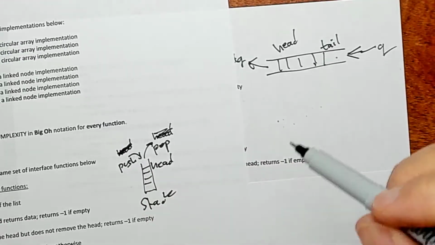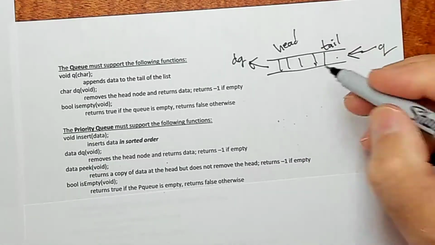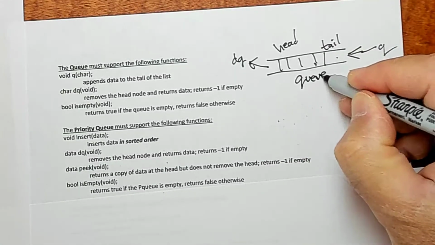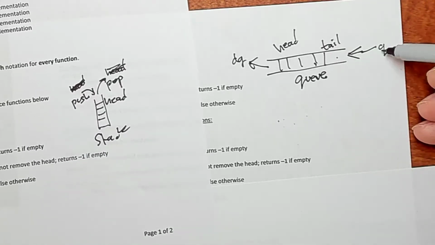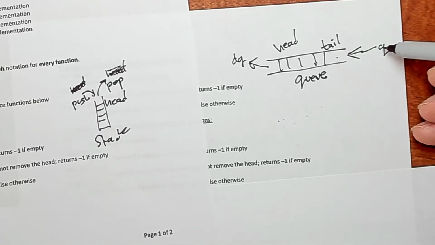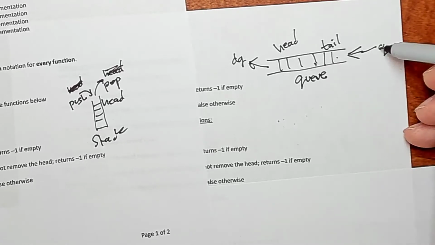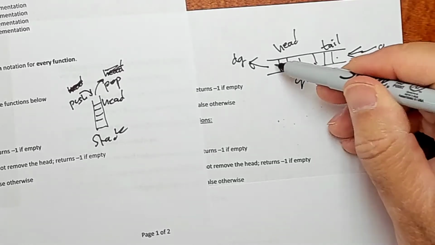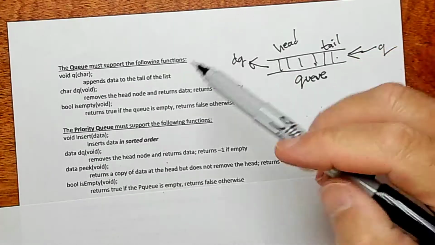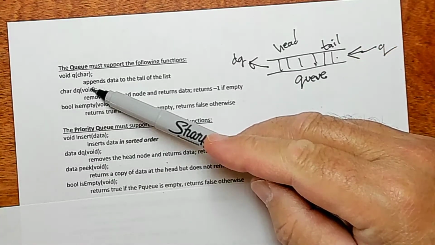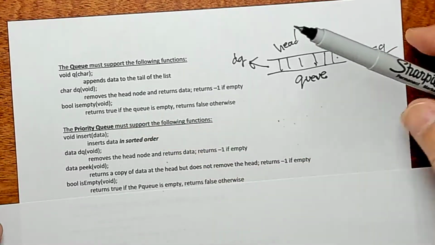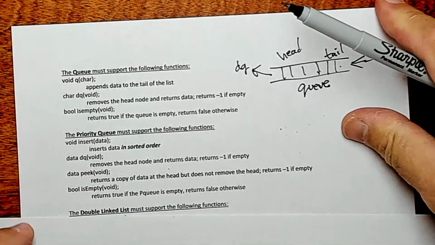Let's draw it that way. For a queue, you're going to append, which we call queue for this thing, at the tail, and then remove or dequeue from the head. So implement a queue operation and a dequeue operation and an isEmpty operation, which is pretty trivial.